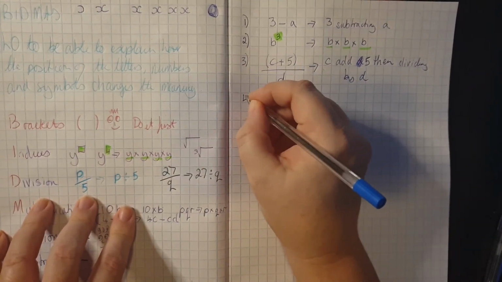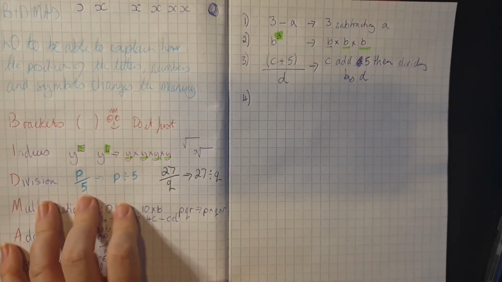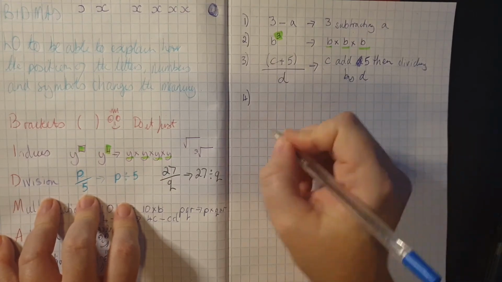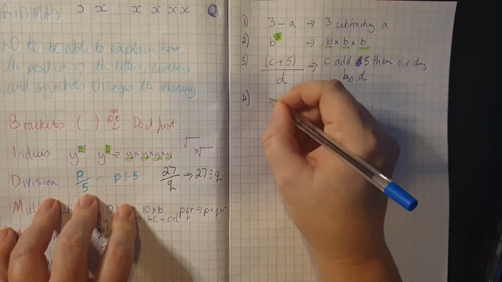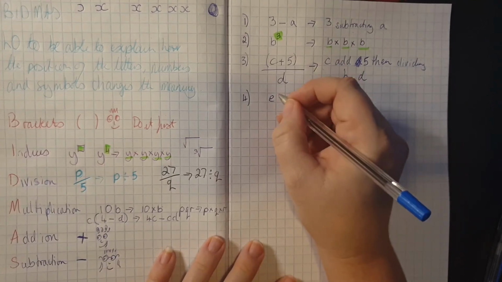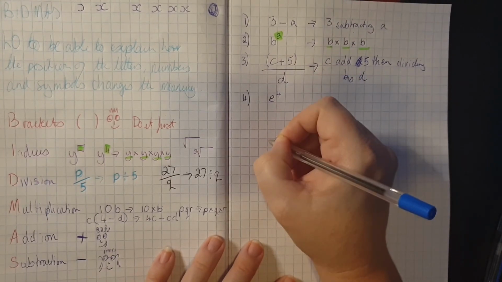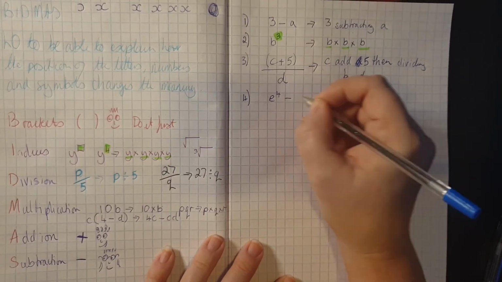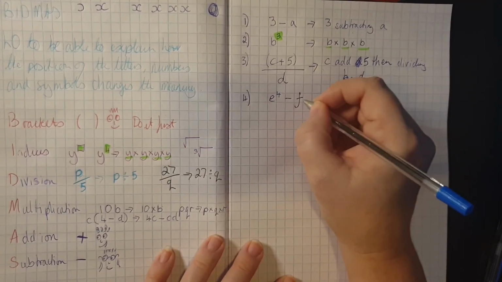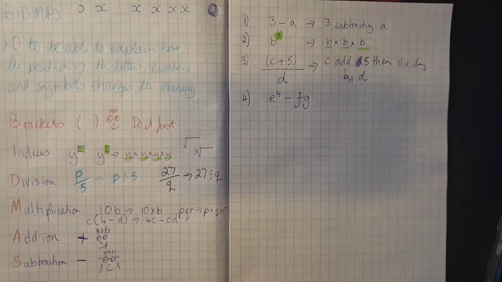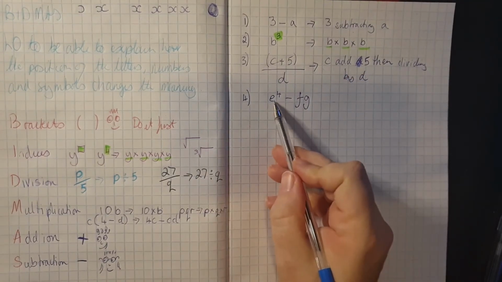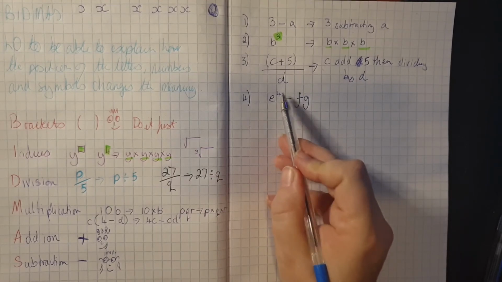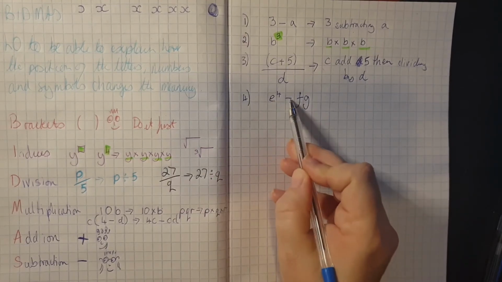Final example I'm going to give you is we've got E to the power of that, minus F, G. Okay, so we've got E to the power 4, or with the indices 4, minus FG.